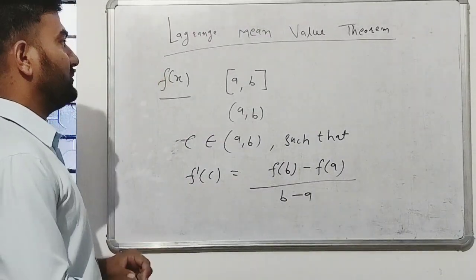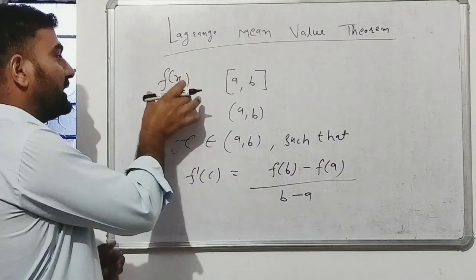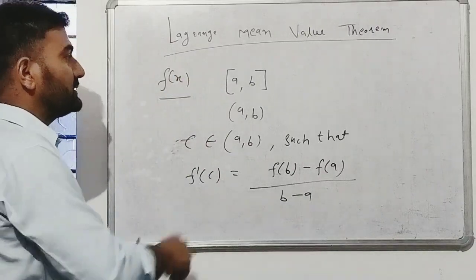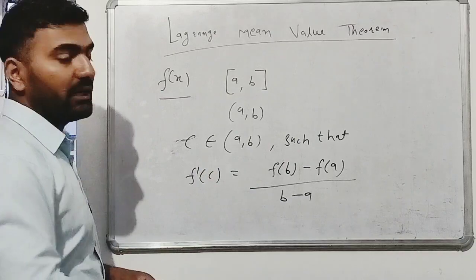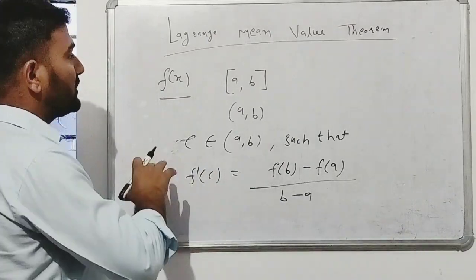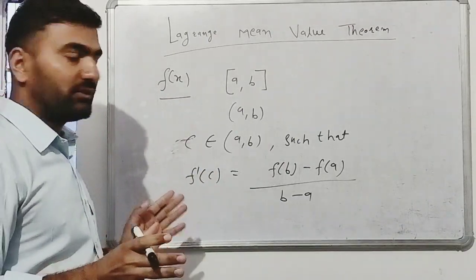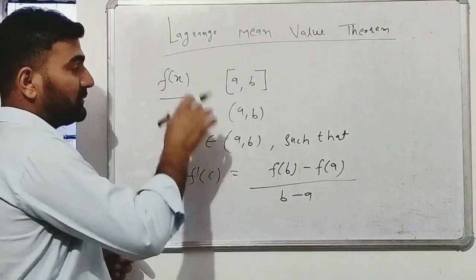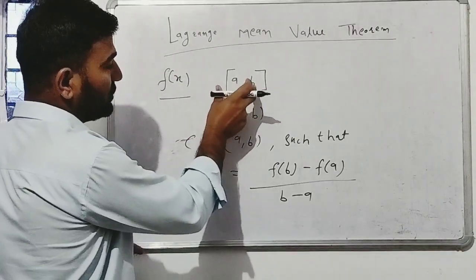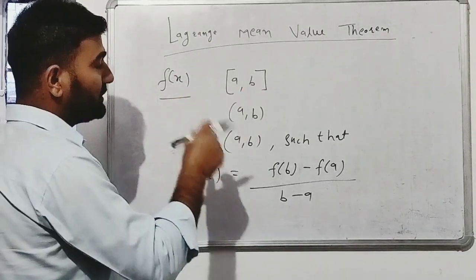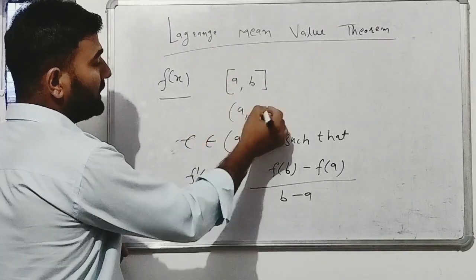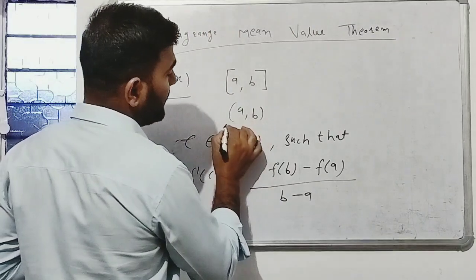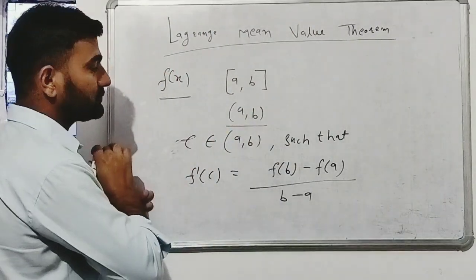So what this theorem says is that if there is a function that is defined and continuous in the closed interval a to b, the domain of the function can be larger than the closed interval a to b, but it must be defined and continuous in the closed interval a to b, and it should also be differentiable in the open interval a to b.